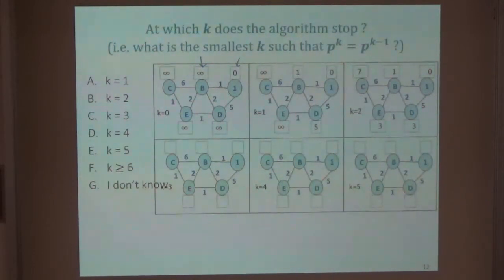The algorithm hopes that it will stop because the stopping criterion is p_k equals p_(k-1). Will this stop? Or at least at which value will this algorithm stop here?